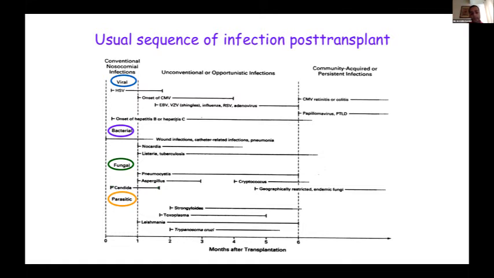Pneumocystis infections can also occur within the first month after transplantation. Cryptococcus tends to occur a bit later on, normally 4 months after transplantation, and the geographically restricted endemic fungi also occur a bit later on. But this does not mean that the patients cannot get these kinds of infections even later on. We have seen patients getting Aspergillus infections even 2 years post-transplant, or even 4 years post-transplant, and even Candida infections.